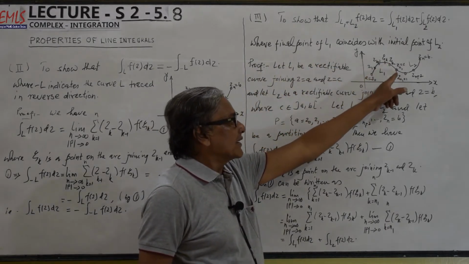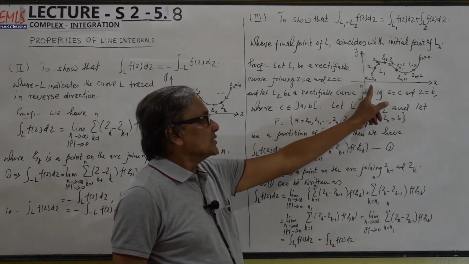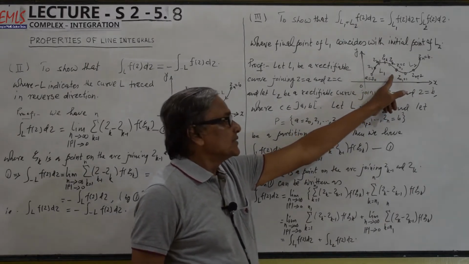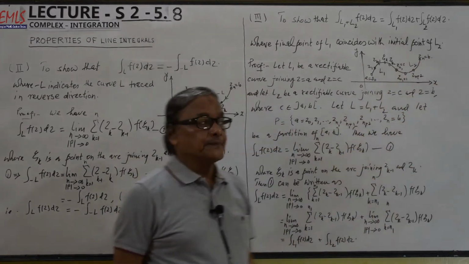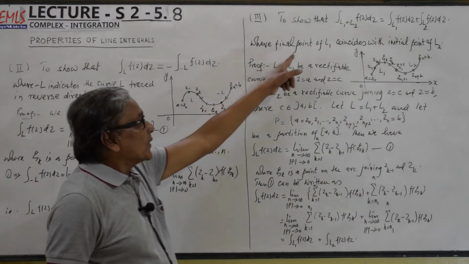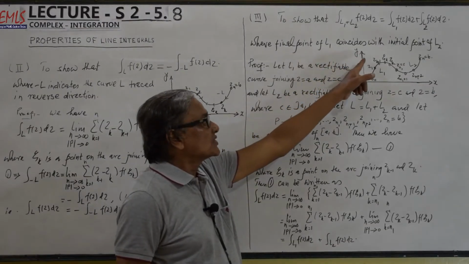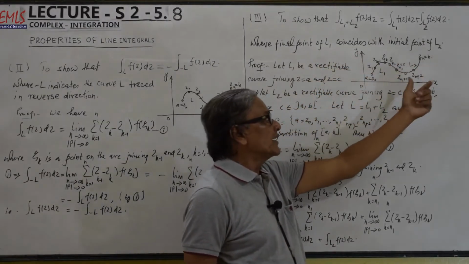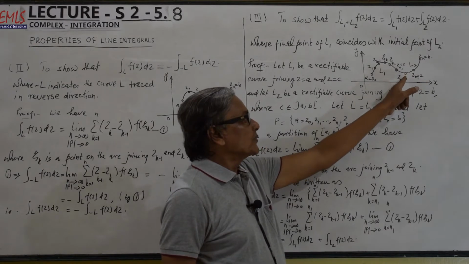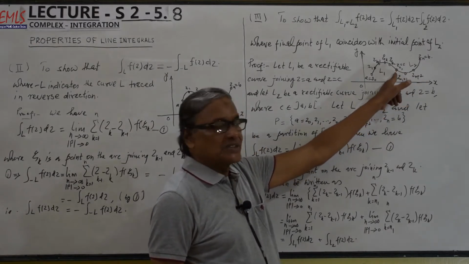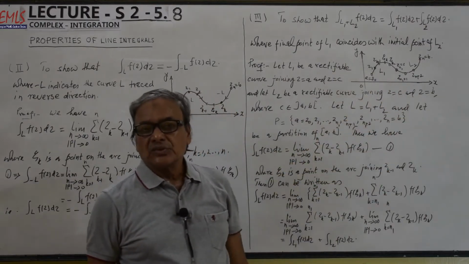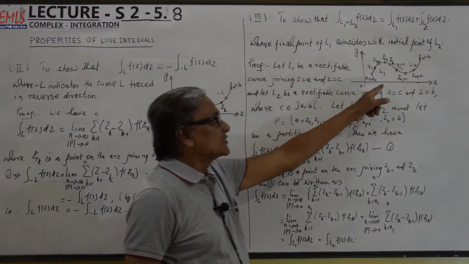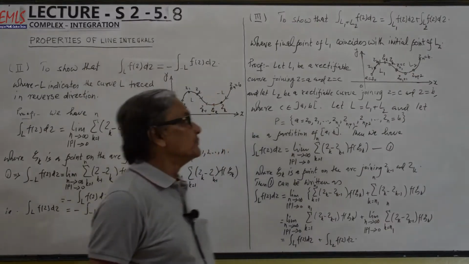If this is the curve L1 from A to C, and this is the curve L2 from C to B, this is the initial point of L2, z equal to C, and for L1 this is the final point.